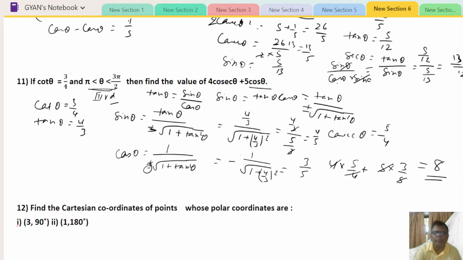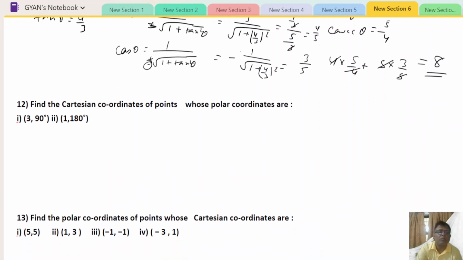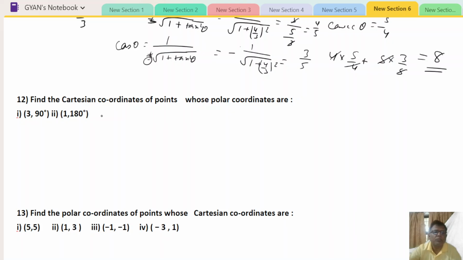Now come to question number 12. Polar coordinate is given. Polar coordinate means the angle from the x-axis is given, that is 90 degree, and this is r, that is L. L is given 3.